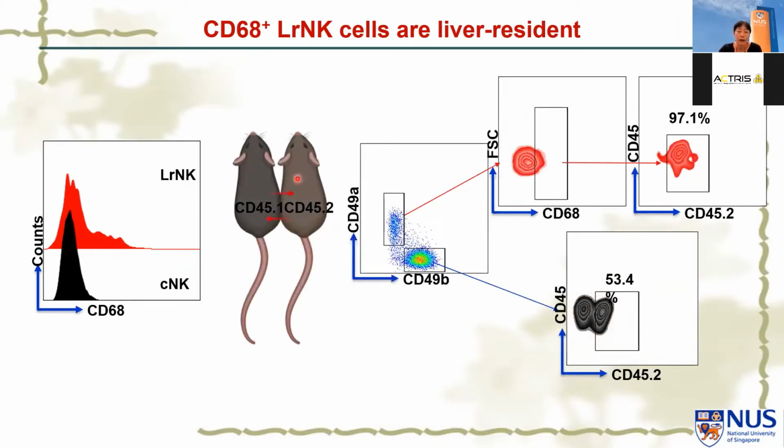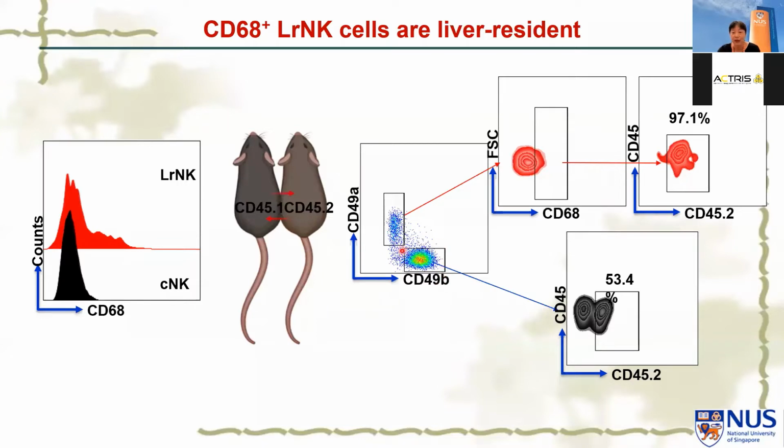So with the help of Veronique Angelis' lab, we did parabiosis, where you link two mice together. So if you look at the CD45.2 mice, all the CD45.2 positive cells are resident in this mouse, and the ones that are CD45.2 negative are actually coming from the pair.